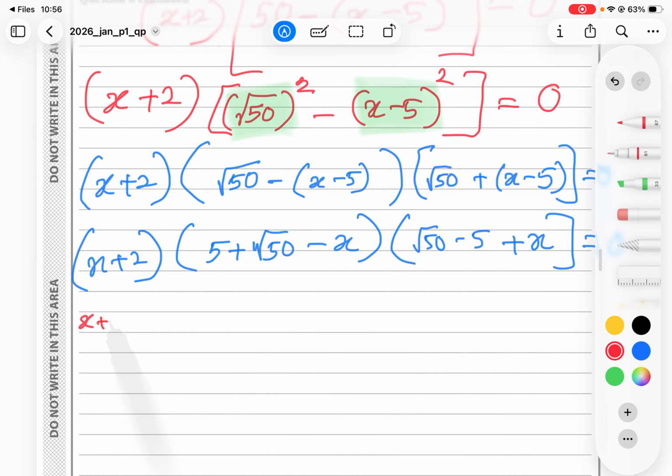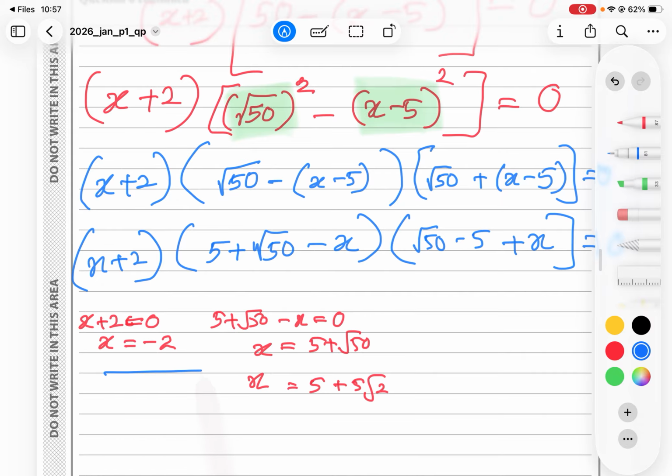One would be x + 2 equals 0, which gives us x equals negative 2. Another one is 5 plus root 50 minus x equals 0, which means x equals 5 plus root 50. We know this can be further simplified, so this will be 5 plus 5 root 2. If I quickly show that working, root 50 we can write as 25 times 2, which is root 25 times root 2.